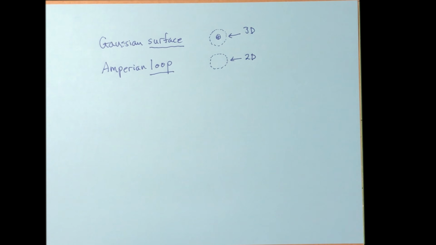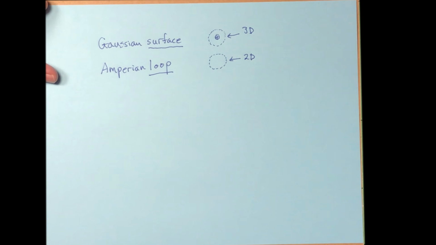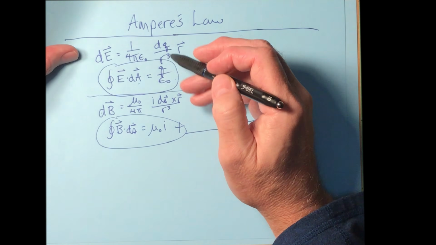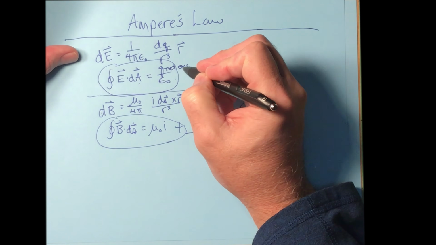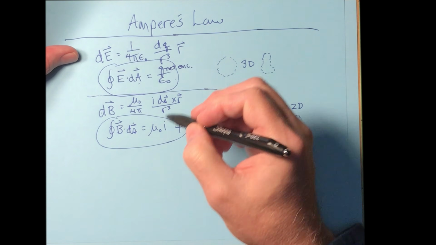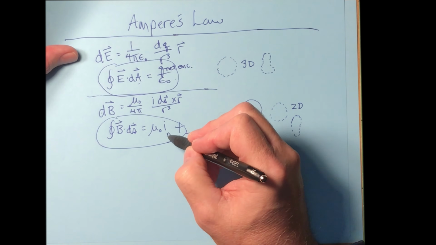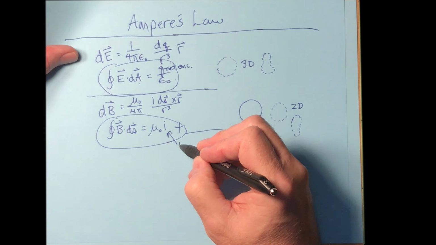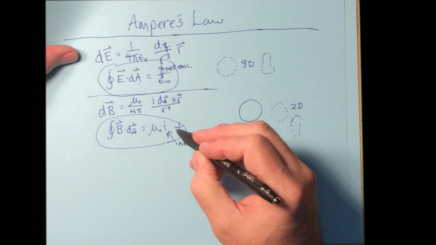All right, also from Gauss's law, the right-hand portion of that equation, this right here, was the net enclosed charge. Over here on the right-hand side, we don't have a charge, we have a current. And that current is going to be the net enclosed current.